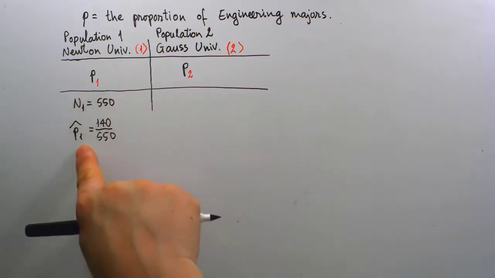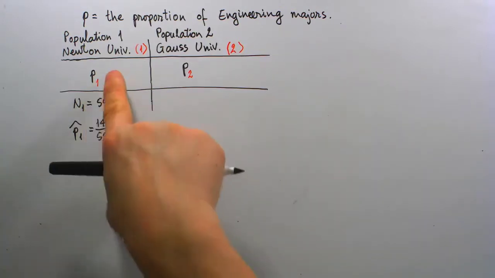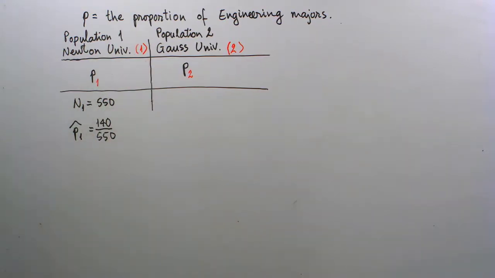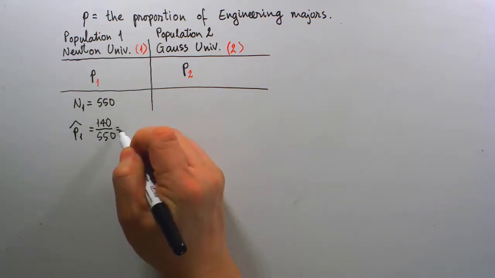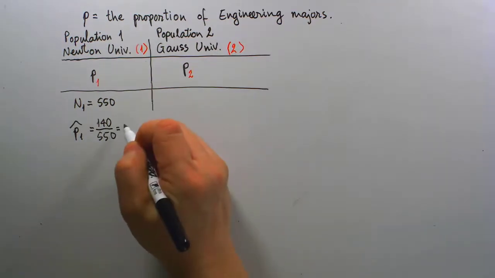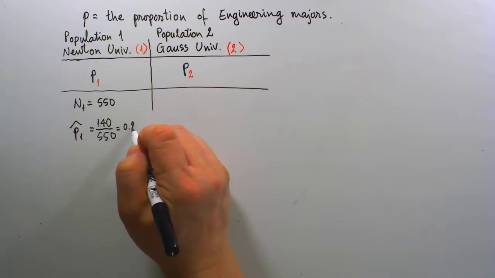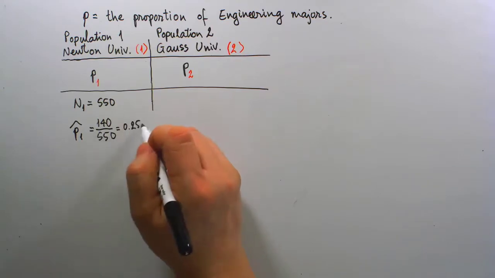So subscript 1 is to indicate that the value came out from population 1. Calculation in decimal quickly came out to be 0.2545.